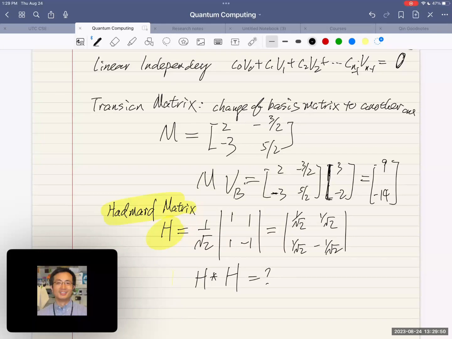What do we get from that? Is it the identity matrix, 1 0 0 1? Is that what we got? I think so.